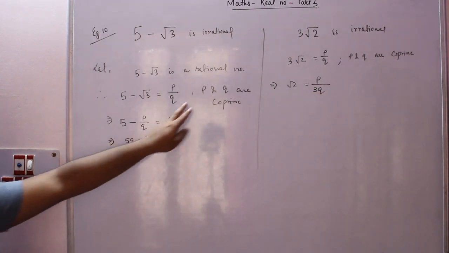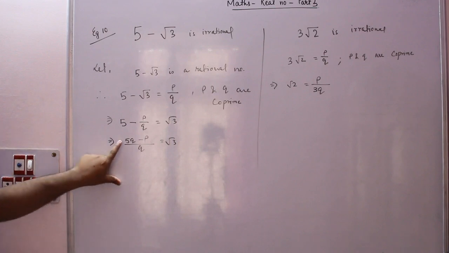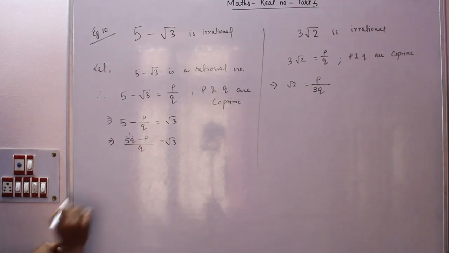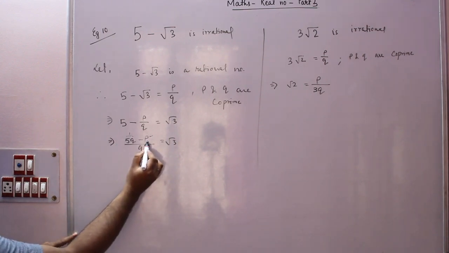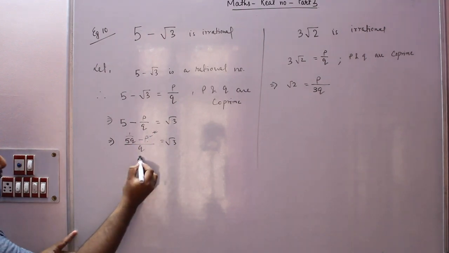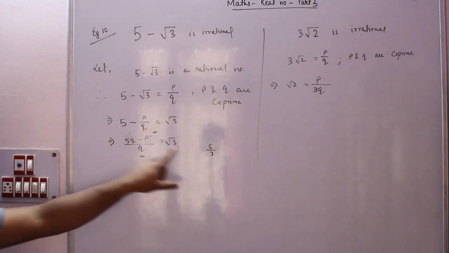Now, what did we assume? p and q are co-prime integers. Consider 5 an integer; integer multiplied by integer is an integer. So integer minus integer is also an integer. Now an integer divided by another integer makes it a rational number.